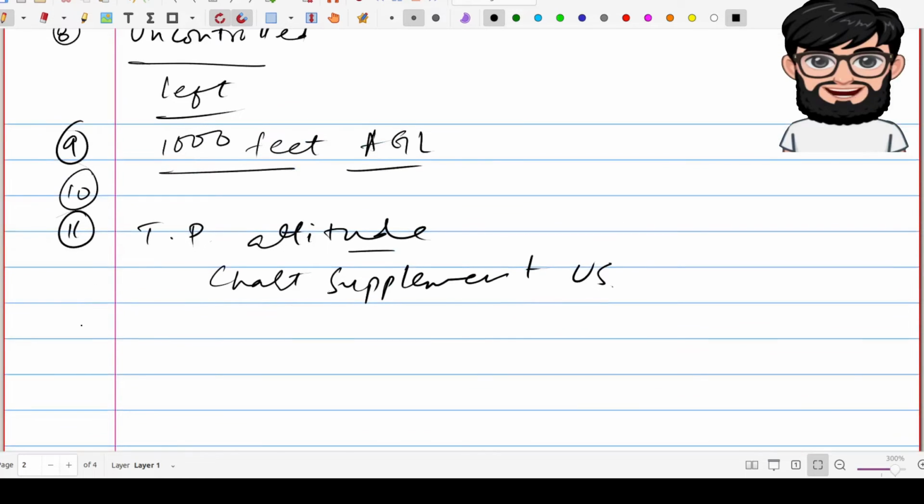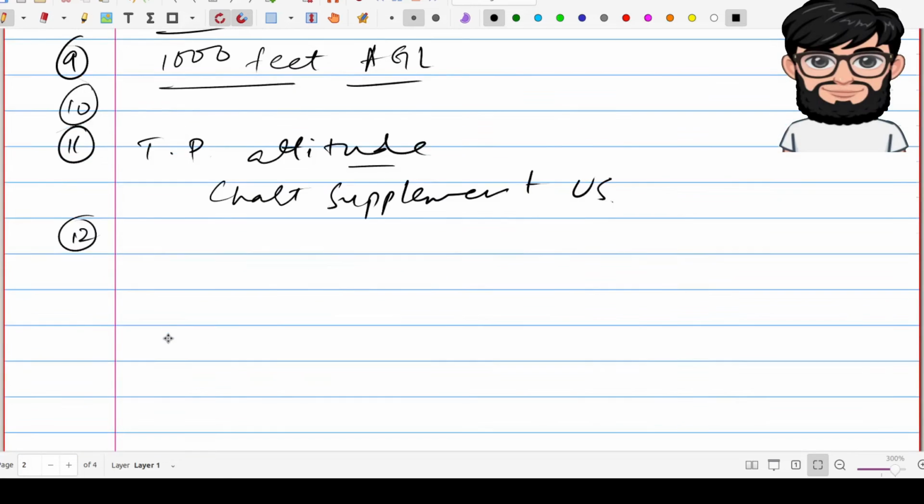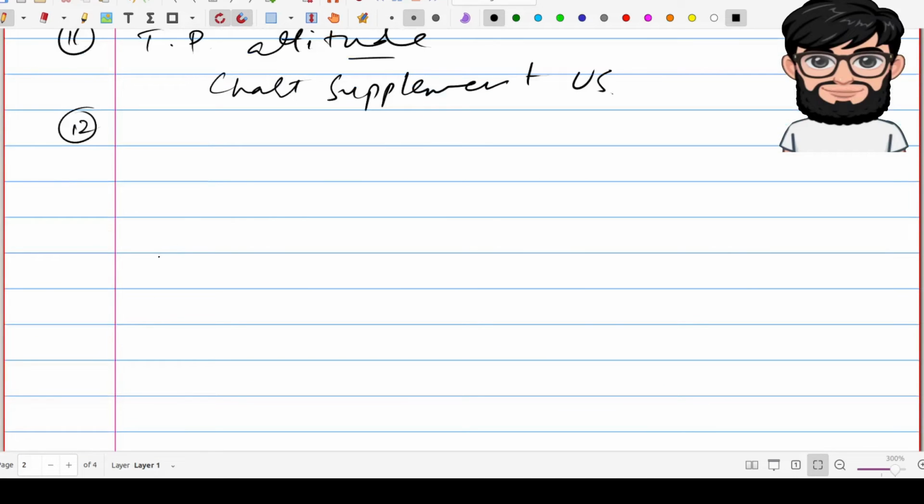A couple more terms I wanted to cover here. One is the ARTCC. What is it and what useful service can it provide to VFR flights? It stands for Air Route Traffic Control Center. It's a facility established to provide air traffic control service primarily to aircraft operating on IFR flight plans within controlled airspace.